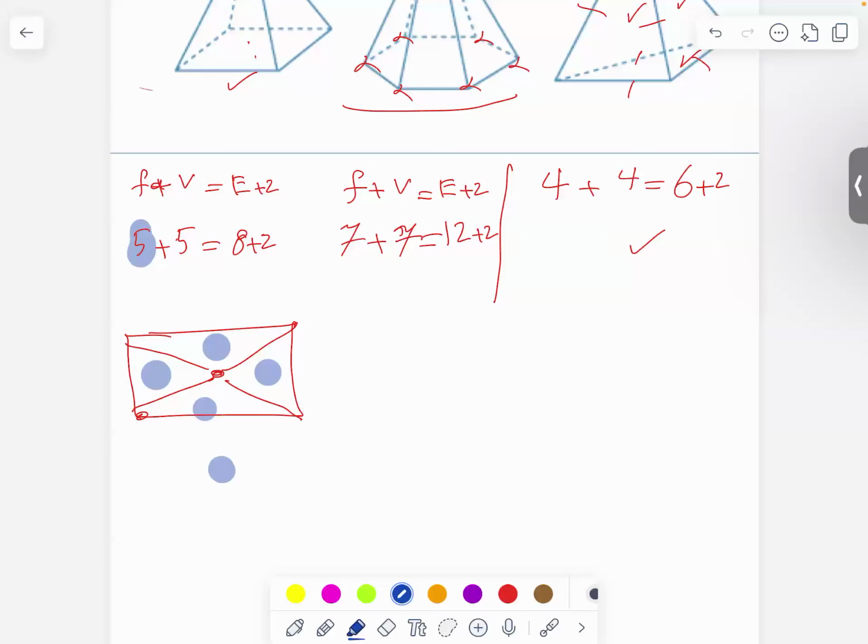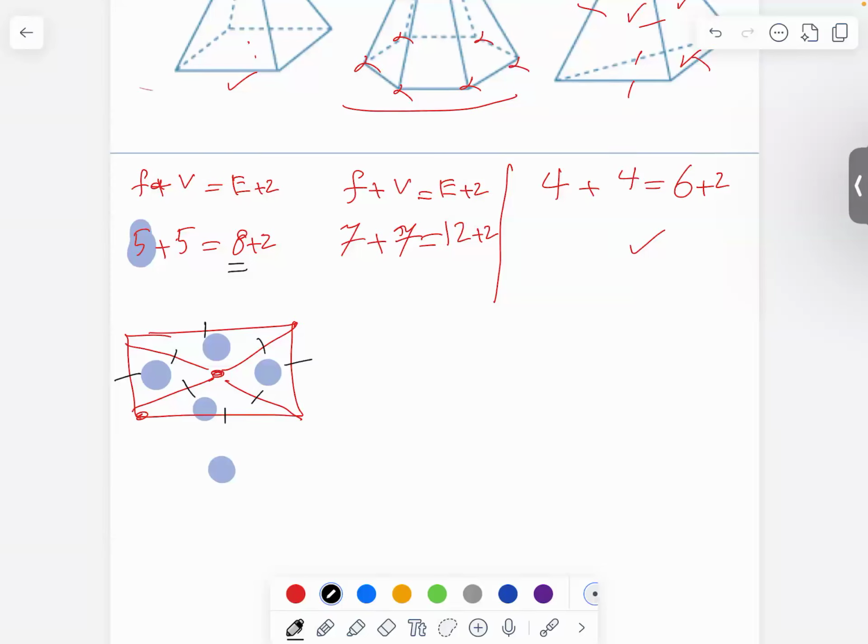Now, edges 1, 2, 3, 4, 5, 6, 7, 8. So 8 here. And vertices 5. So the geometry, you can relate geometrical objects and graph theory as well. Okay. So the Euler formula is true for graphs.